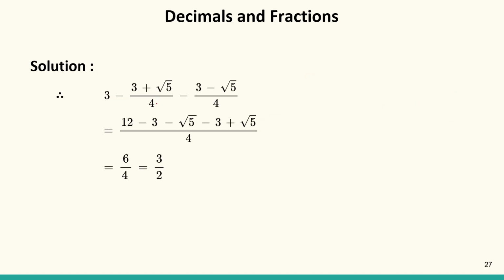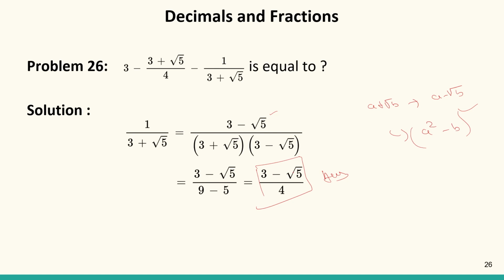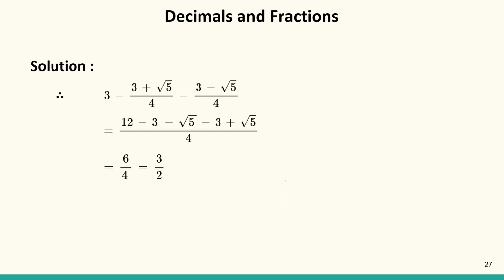So what we are left with is 3 minus root 5 by 4. Now we have converted this to this one, and see here that the denominator is the same.